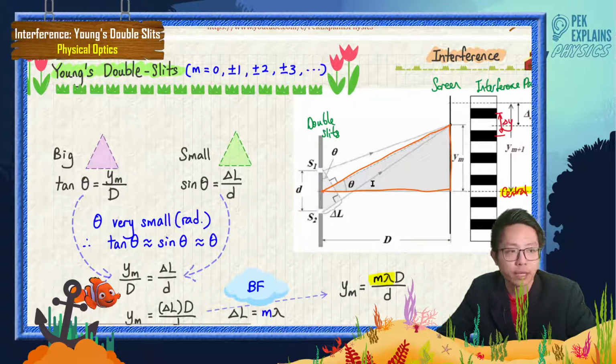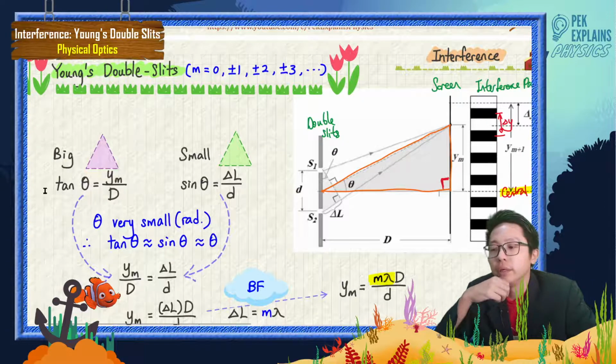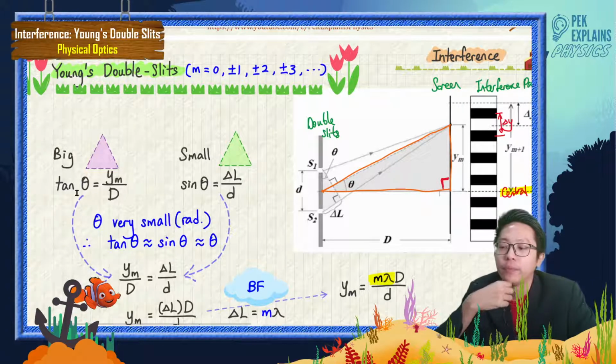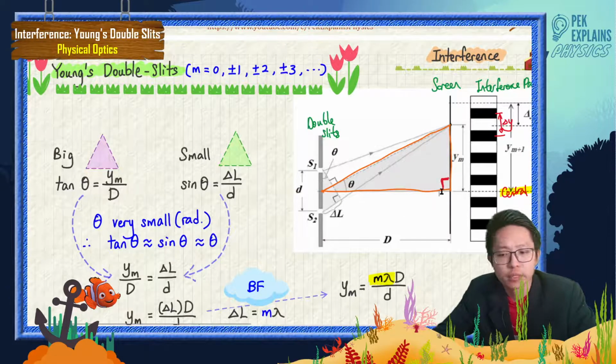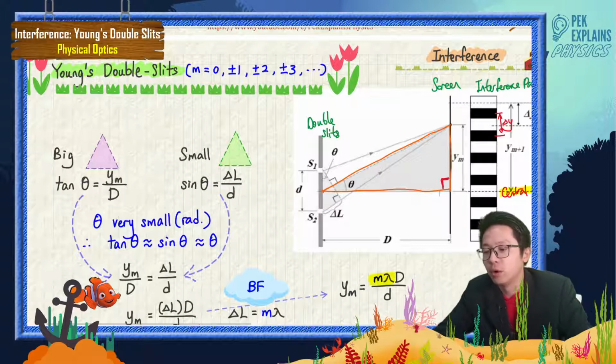Okay, let's look at the big triangle. This big triangle is a right angle triangle, with the right angle over here. Now we use tangent theta, because it's a right angle triangle. Tangent theta is opposite over adjacent, isn't it?